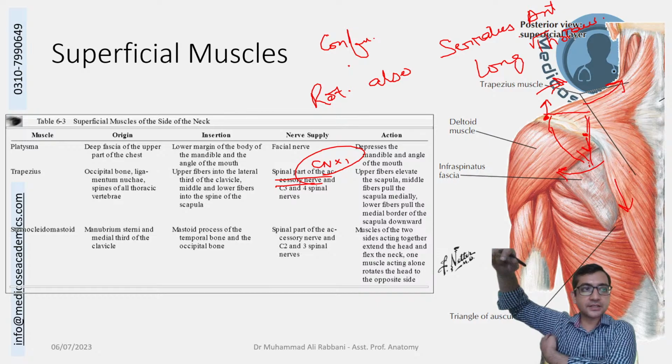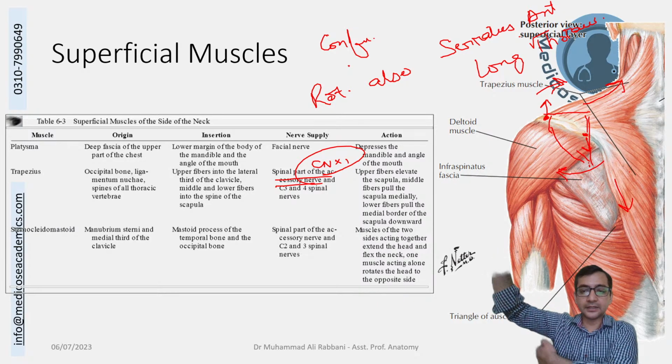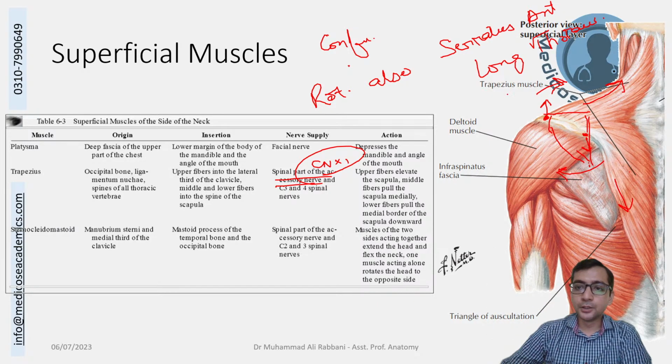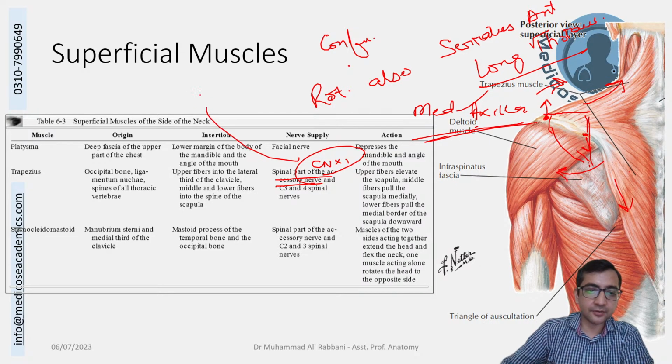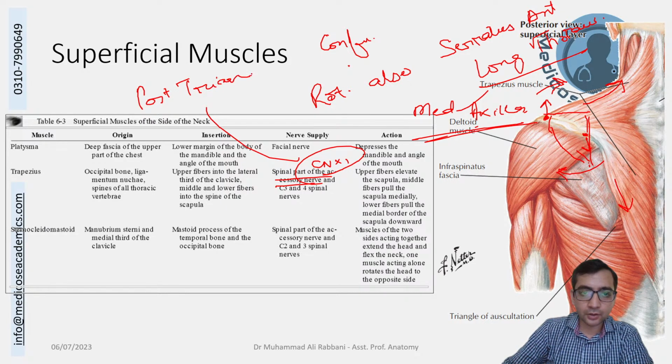Just remember, the long thoracic nerve passes in the medial aspect of the axilla, and the spinal accessory nerve moves in the posterior triangle of the neck.